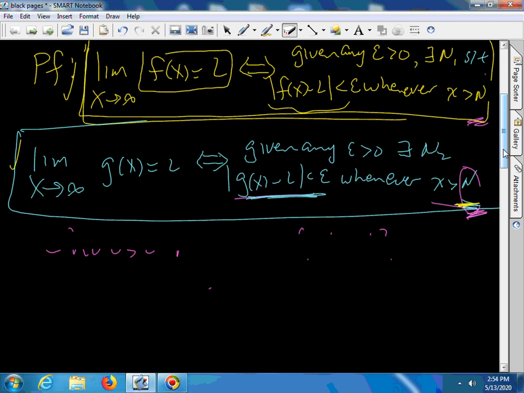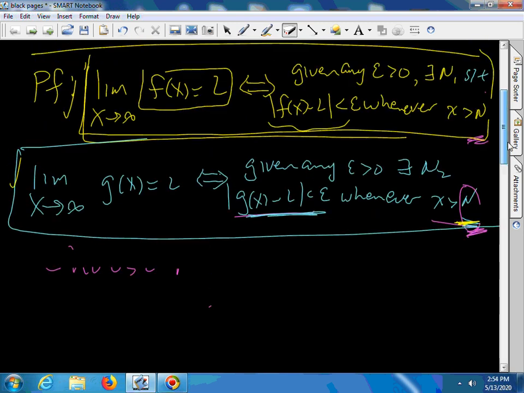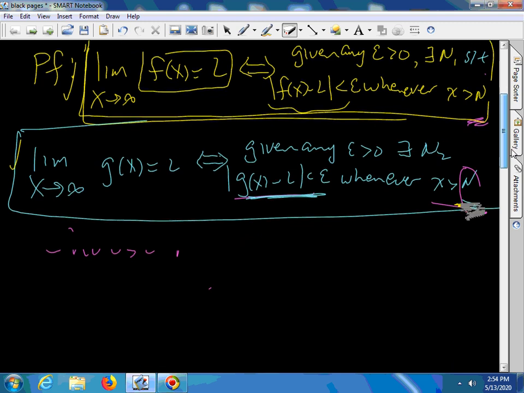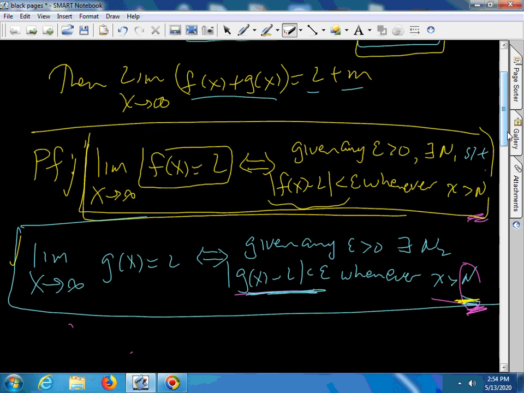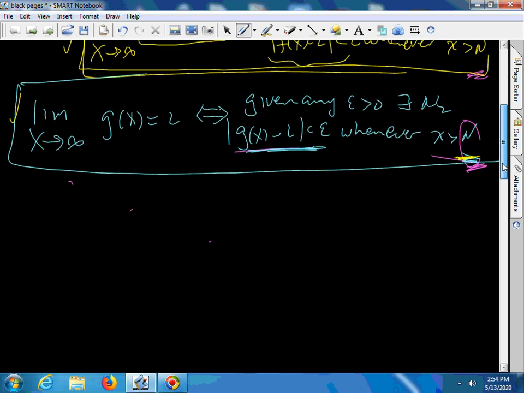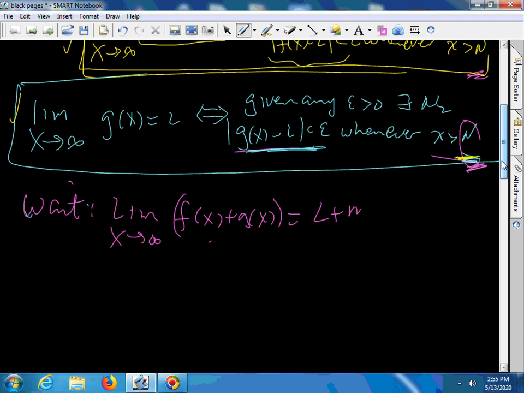Okay. So now, what do we know about the sum? What I want to get is that this is true. Well, let's see what this means. We want, let's use a completely different color, the limit as x goes to infinity of f of x plus g of x to equal L plus M. Well, what does that mean?